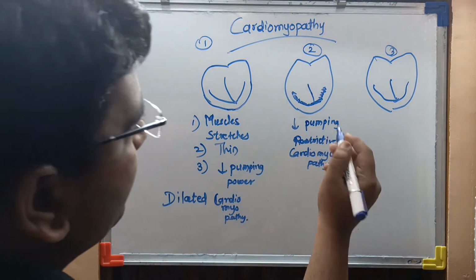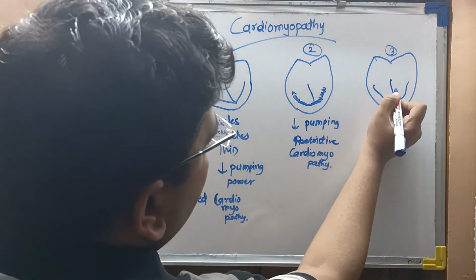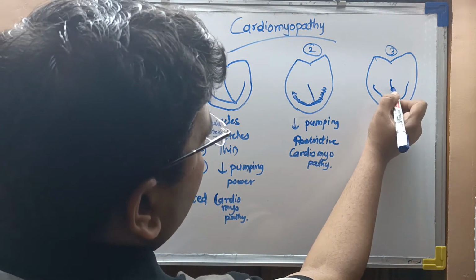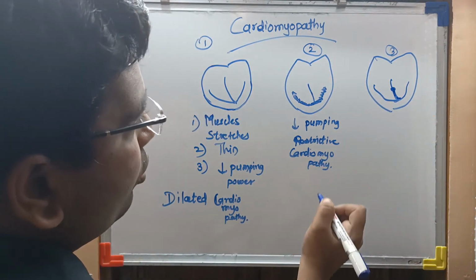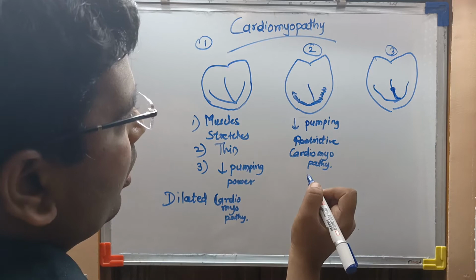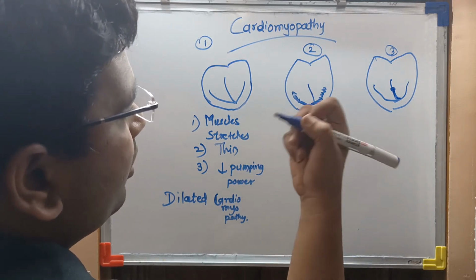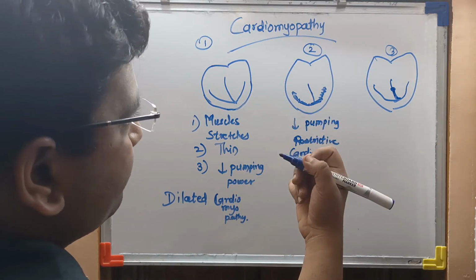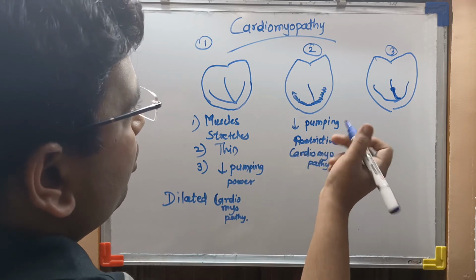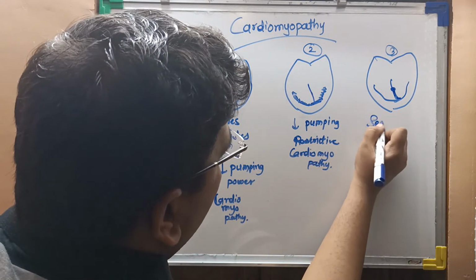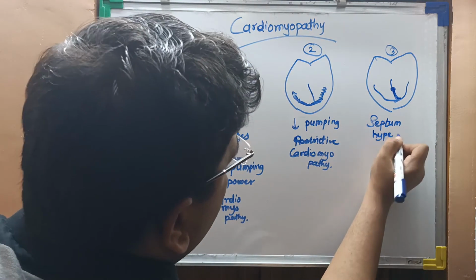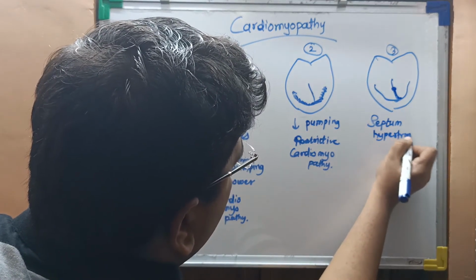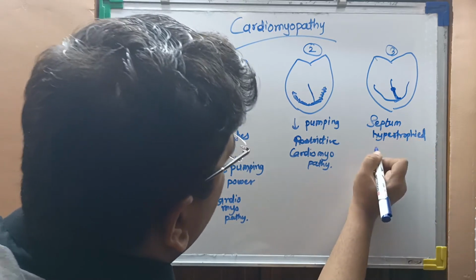In the third type, there is a blockage in the heart, so there is decreased pumping of the blood out of the heart, so the septum becomes hypertrophied because of the blockage.